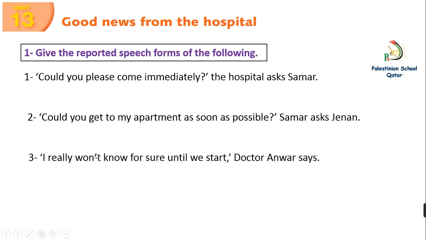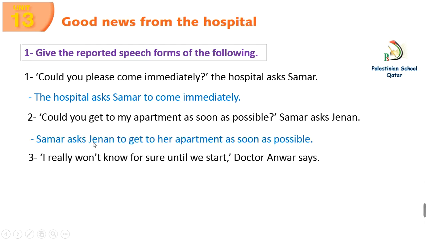Number one, could you please come immediately? The hospital asks Summer to come immediately. Number two, could you get to my apartment as soon as possible? Summer asks Jinan to get to her apartment as soon as possible.